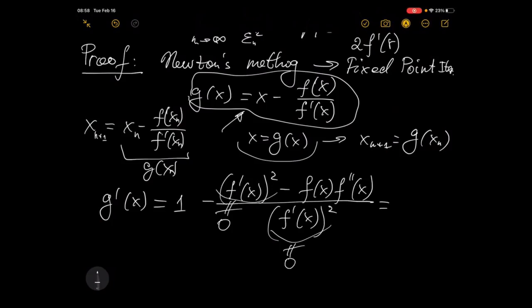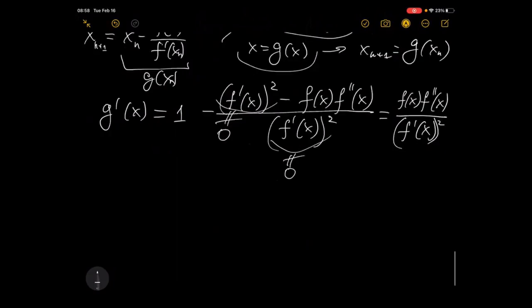If you open all the brackets, you will get f(x) f''(x) divided by f'(x) squared.